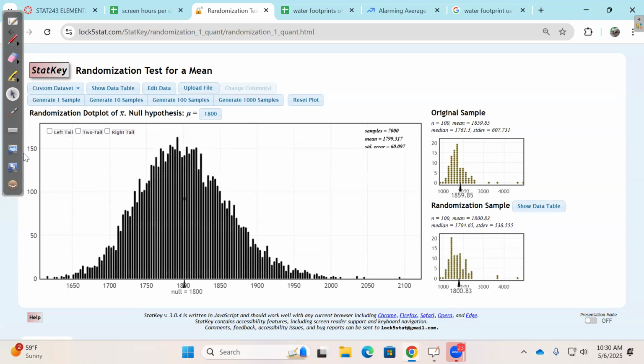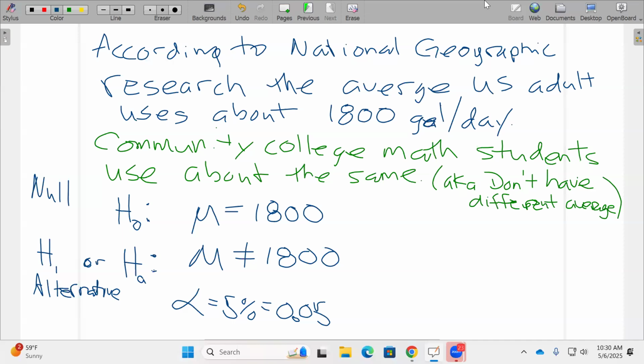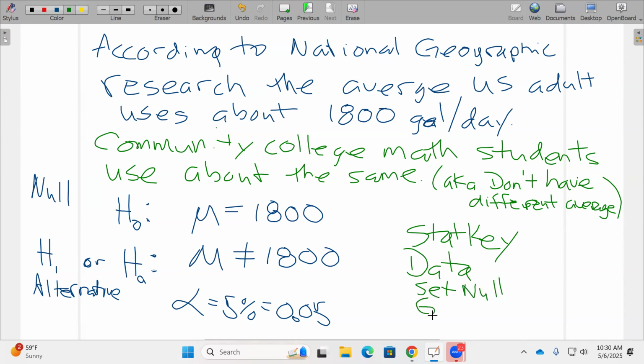So let's see what's next. Went to StatKey. And in StatKey, we got to find the right data. And then we have to set the null hypothesis. And then we generate a lot. And then the next thing we do is we pick the test that we want.